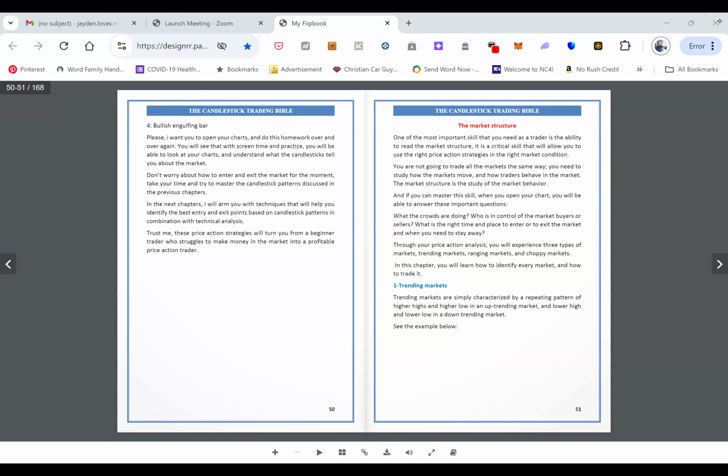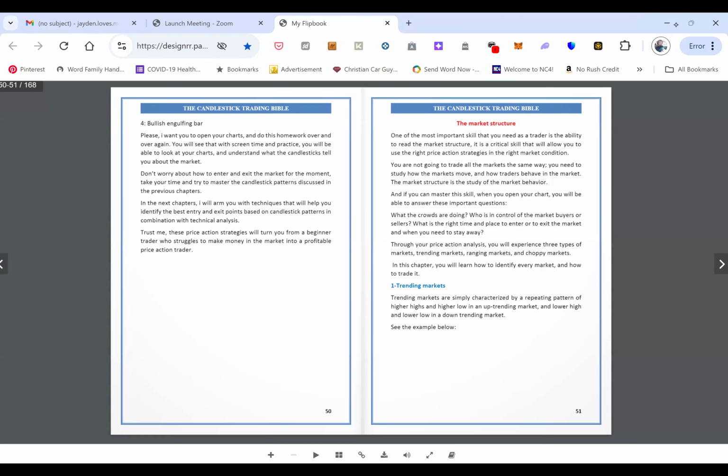I'm here. Okay. Can you see my screen? Yes, I can see that. Okay. All right. So let's go ahead and get started. But y'all can see my screen okay? Yes, we can see it okay.